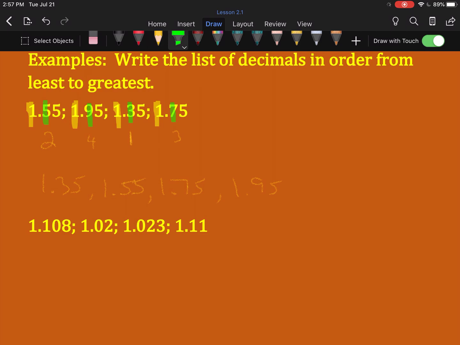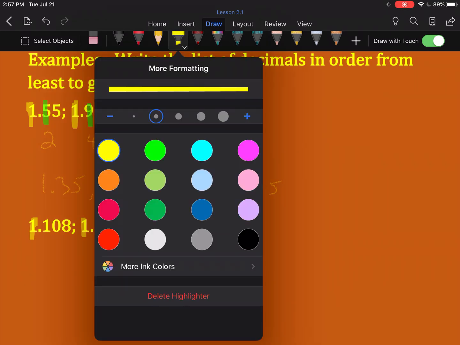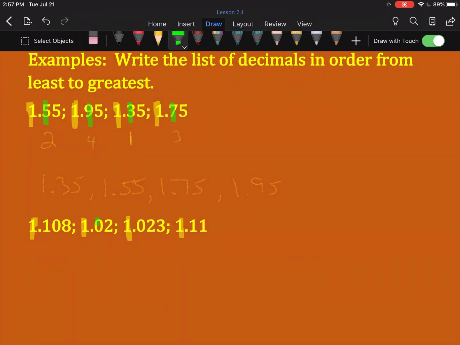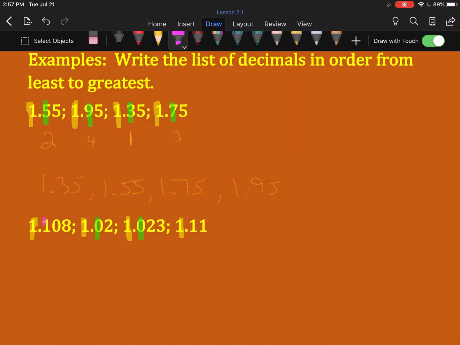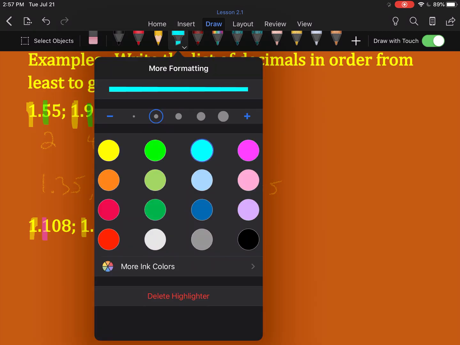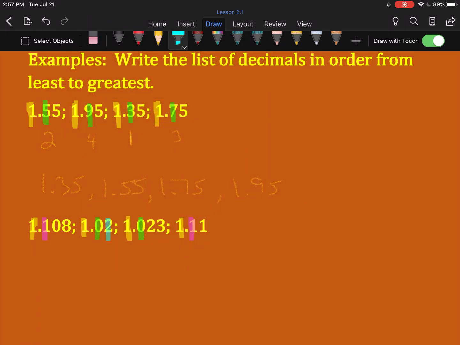In our next list, we again have a bunch of numbers that all have 1 point, so the first numbers are all the same. Now the second numbers, we have 2 that are zeros and 2 that are ones. Obviously the 2 things that have zeros must come before the 2 things that have ones. The 2 things that have zeros then proceed to have 2's that are common before this third number goes on another place.